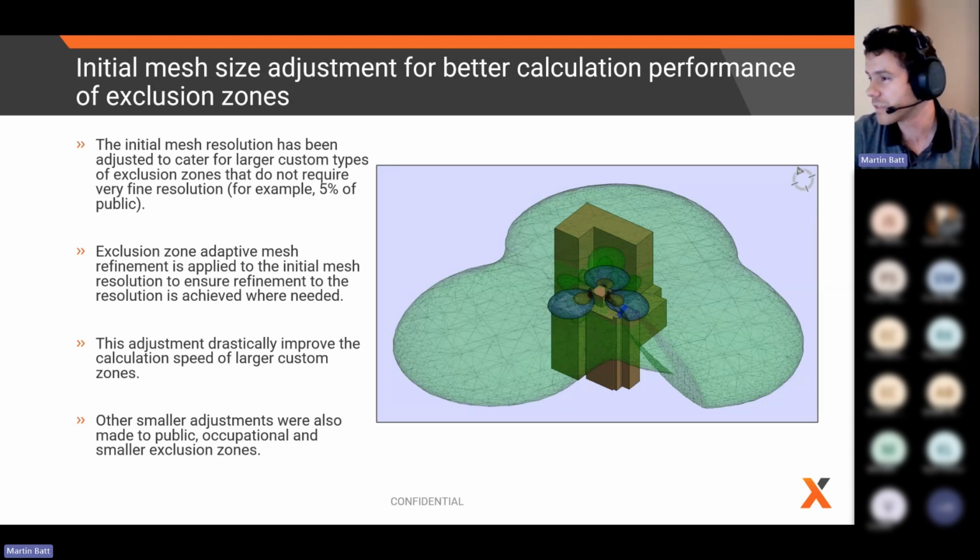As an example, this specific site was calculated with the previous release, I measured around 4 minutes or something, when calculating a 5% public exclusion zone. That is now down to around 30 seconds or 40 seconds. So it's much faster. Obviously, it will depend much on the specific site that you are simulating.